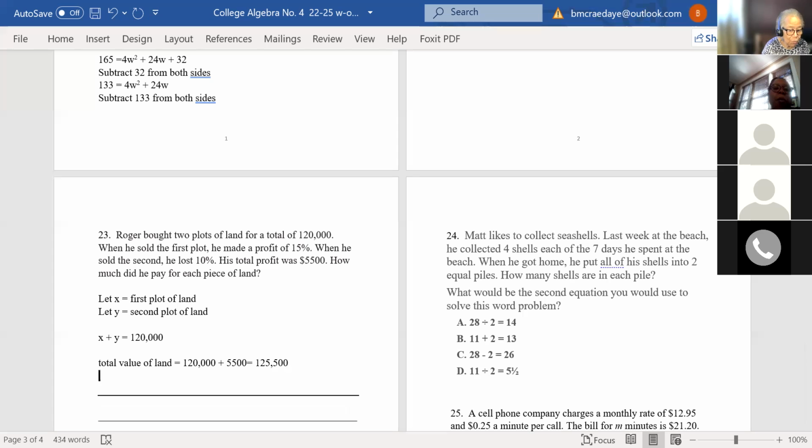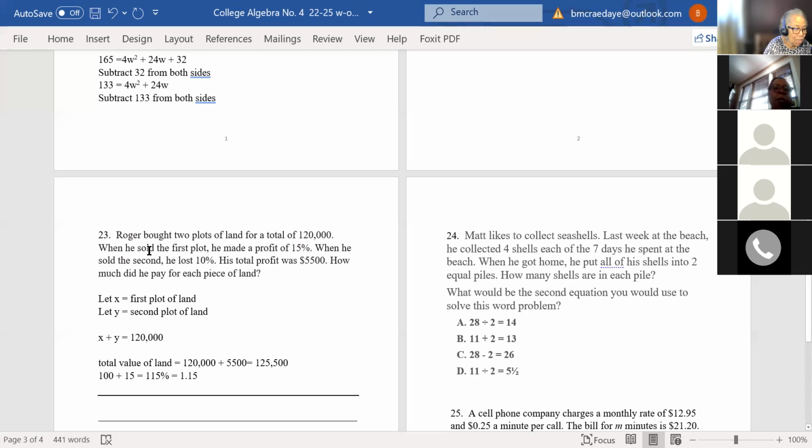So if you take 100 plus 15%, this is all percents, that equals 115, and that's percent. If we divide that by 100, we get 1.15. Yeah, he made a profit of 15%.